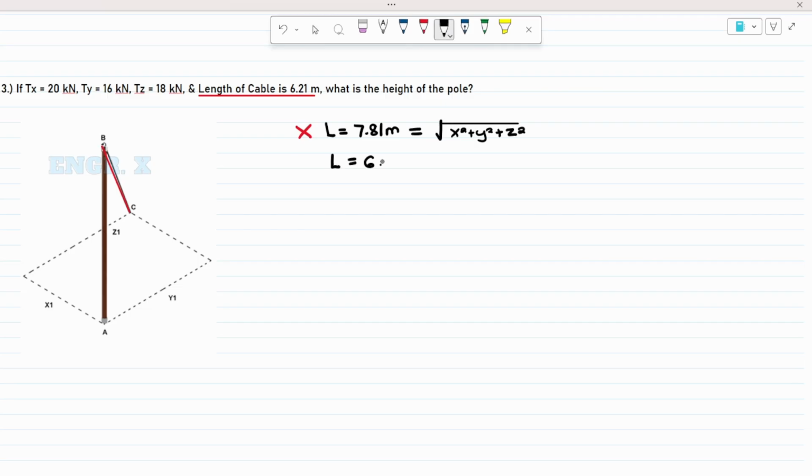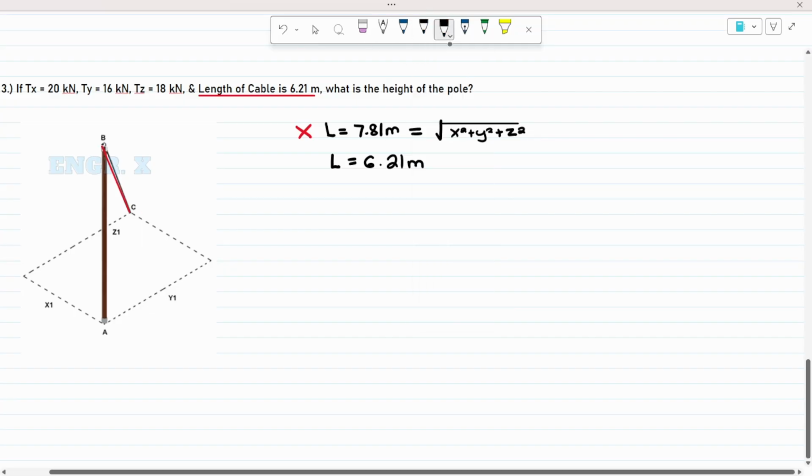L is 6.21 meters. Now, how do we solve for the height of the pole? Paano ba? Do we need to apply another method? Hindi na. Kasi, like what we did earlier, gamitin natin yung ratio and proportion lang.